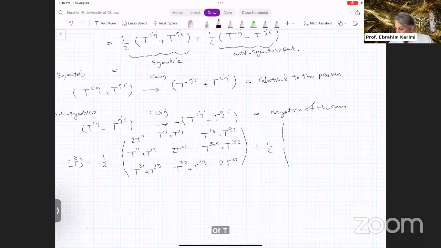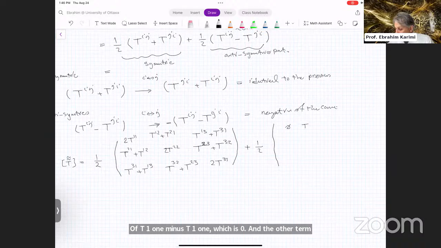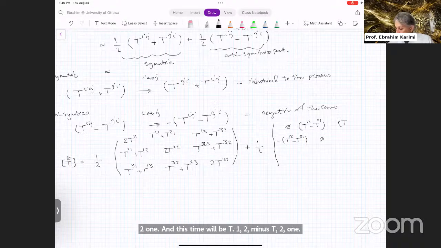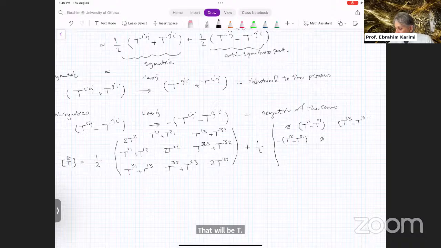The antisymmetric one will be 1/2 of T11 minus T11, which is 0. The other term will be T12 minus T21, and this term will be T12 minus T21. This will be 0. Then T13 minus T31, and T23 minus T32.